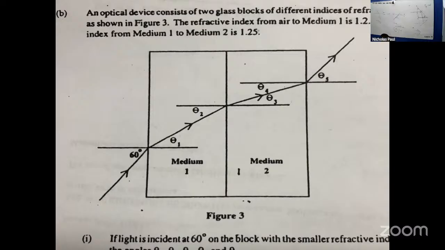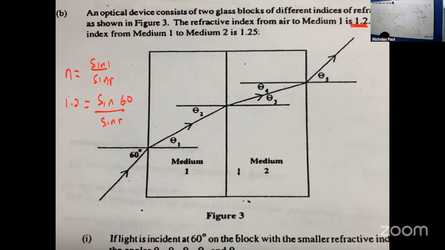All right, we don't have much time. Tell me the formula we're using. Let's pick on somebody new. Deja. What's the formula for refractive index? Right, sine i over sine r. They gave us the refractive index of air to medium 1, 1.2, is equal to sine of the angle of incidence over sine theta 1.